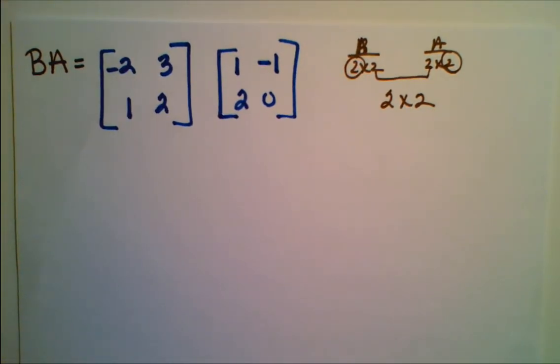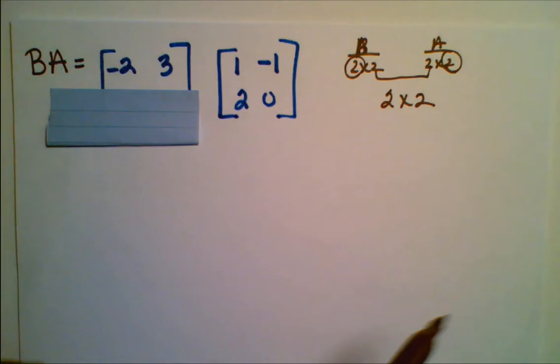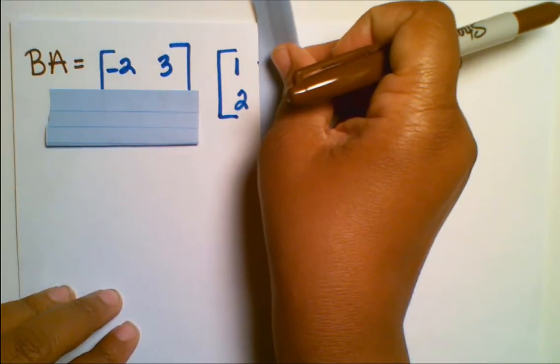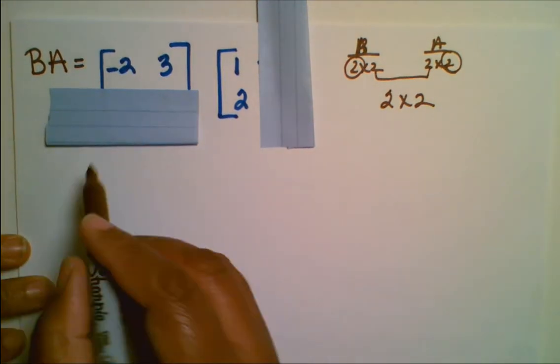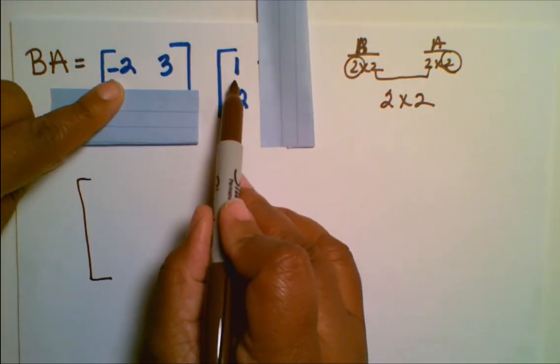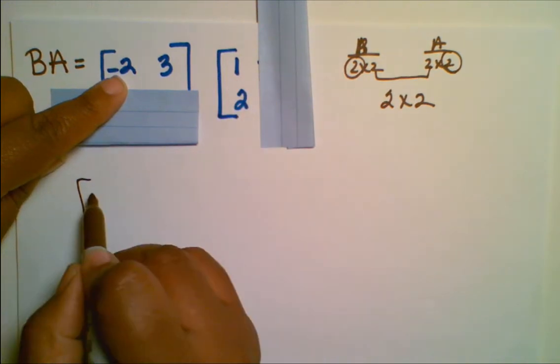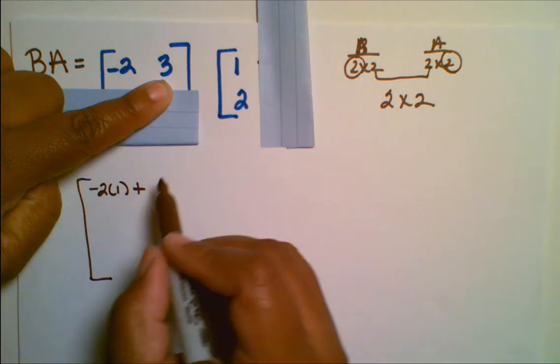Our focus is going to be on the first row, column 1. I'm going to cover this up here. So we're saying negative 2 times 1 plus 3 times 2.